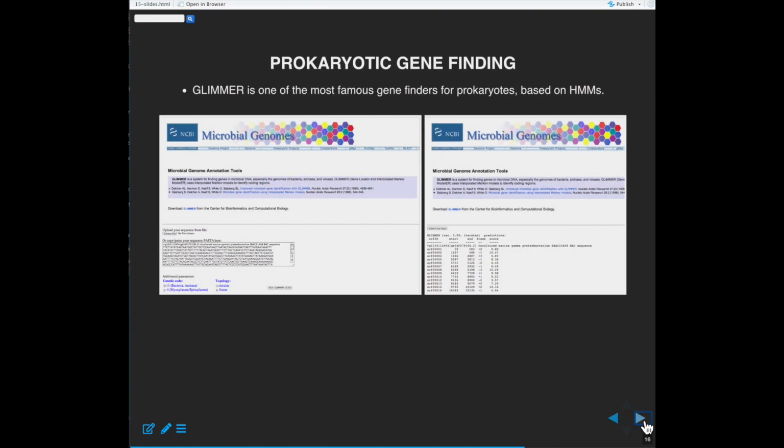Okay. So I think Glimmer, that was the first one that I knew about. It's one of the most famous that I know for prokaryotes. It's based on Hidden Markov models. It's supported by the NCBI.